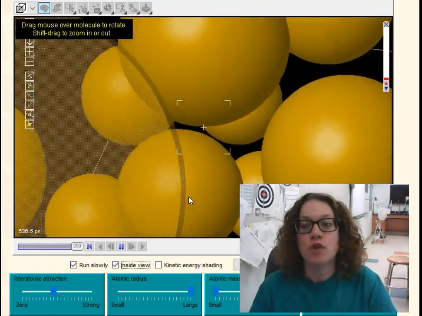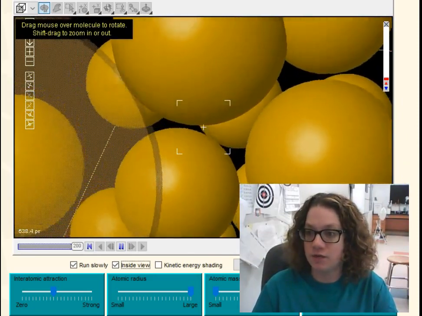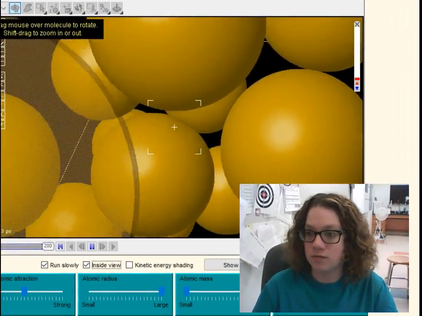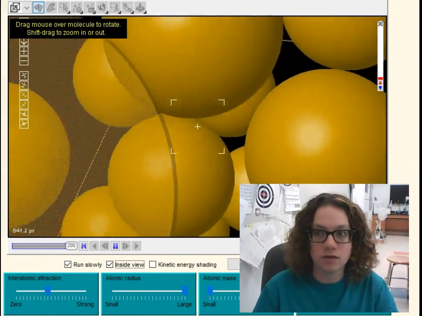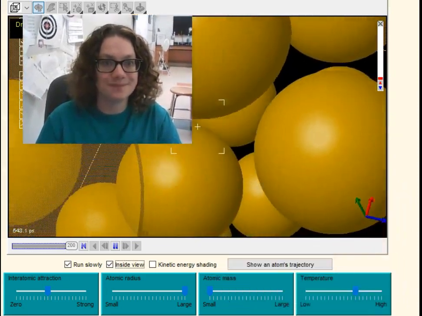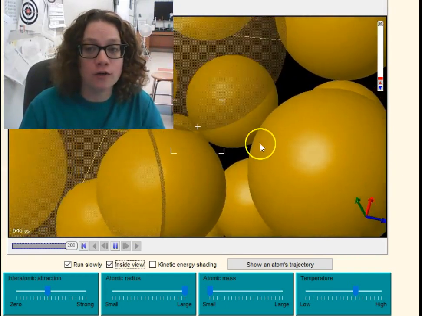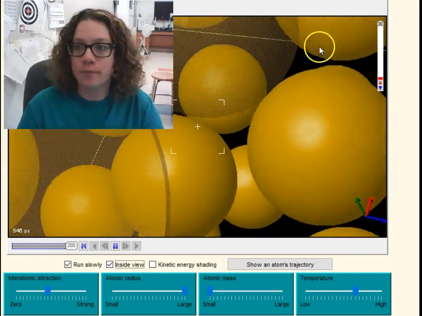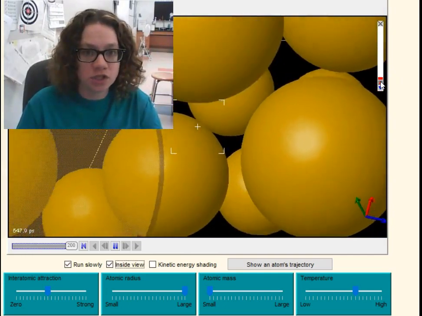All right, so what I'm going to do with my simulation here is move myself over a little bit. So what we see here are the particles of copper. Now over here in my bar, I can change the temperature in the simulation.